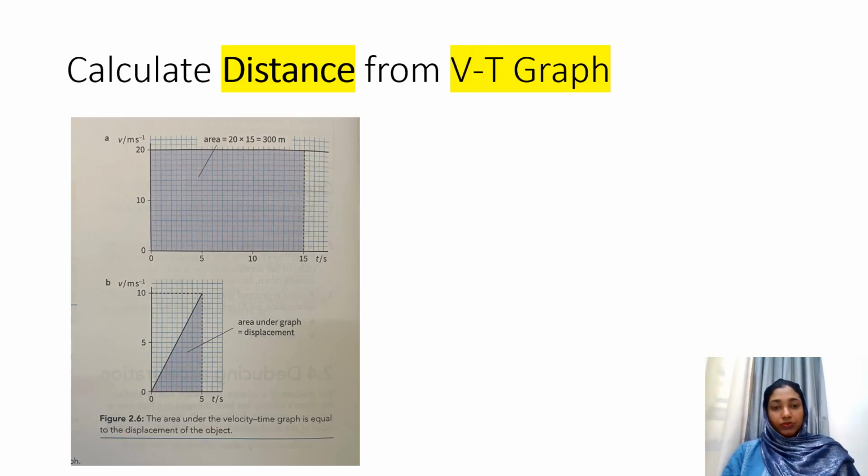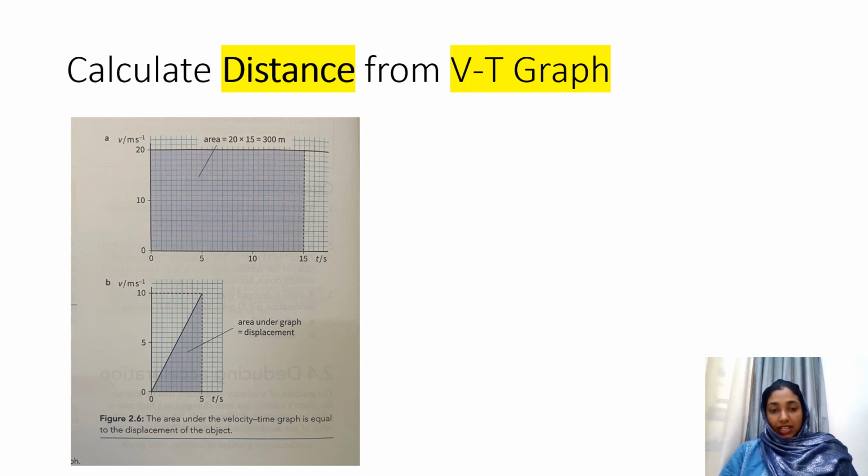Now next is how to calculate distance from a velocity time graph. Here there are two graphs. In the first graph, what is the distance? Here, the area of a rectangle is length times breadth. Length is 15 and breadth is 20. So what will be the area? Area is 300 meter. Now we can find the distance from the second graph.